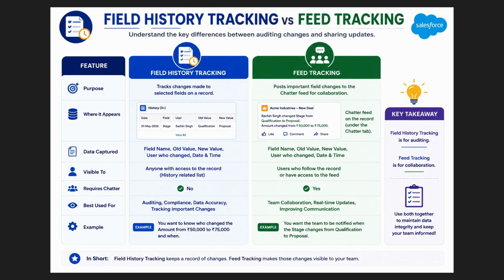And there are some more things like you can only choose up to 20 fields in both field history tracking and feed tracking. And also, if we talk about the timeline, if you create a field history tracking, the history of the records will remain for years. But if you talk about feed tracking, the history will be deleted after 45 to 50 days. So these are some more differences.